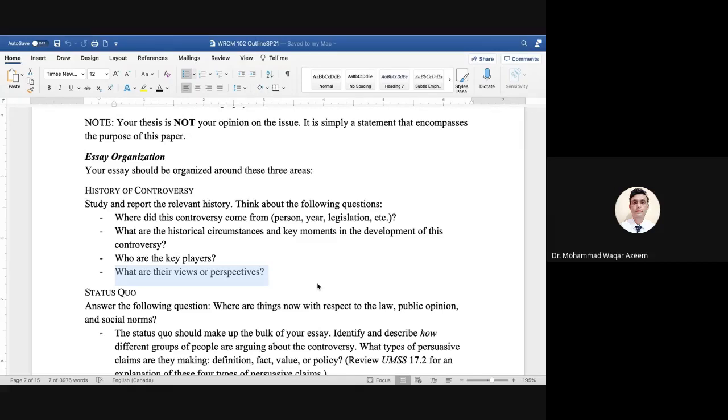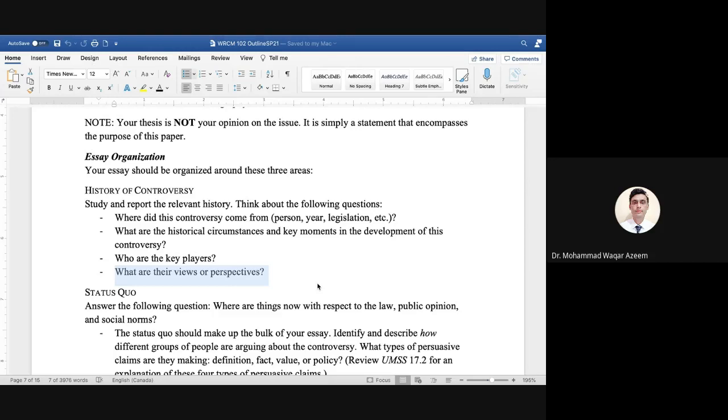So there were some individuals who were more patriarchal in their approach, and they want the society to be more conventional with fixed gender roles, right? So those kind of individuals are key players in the controversy.